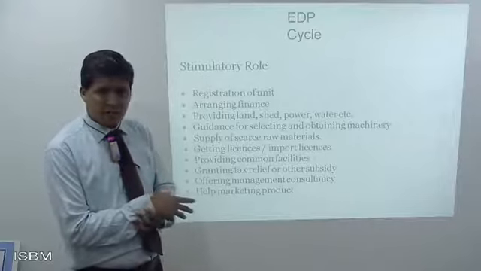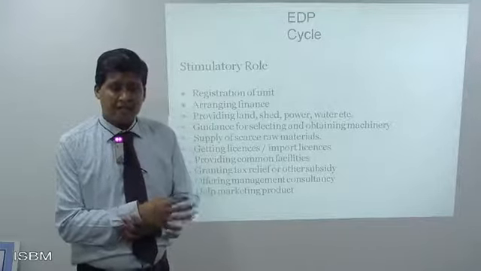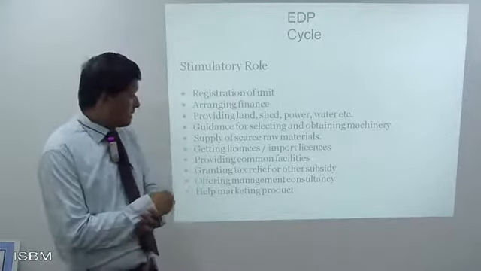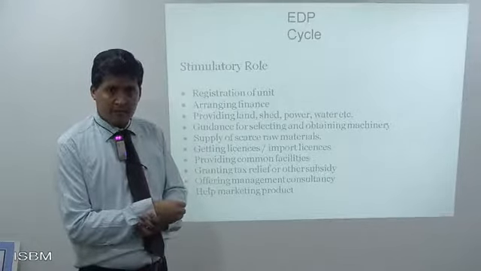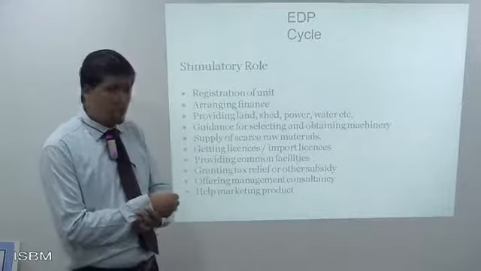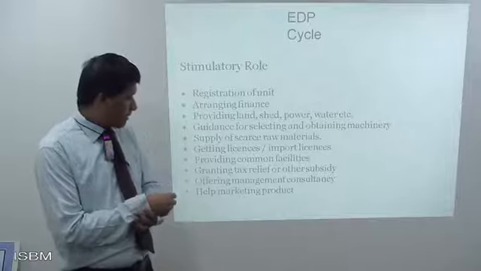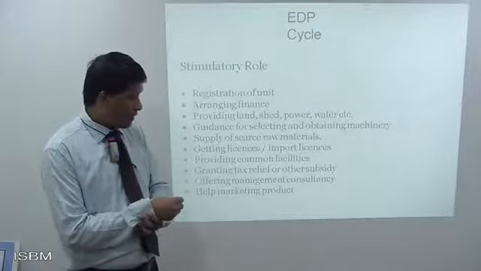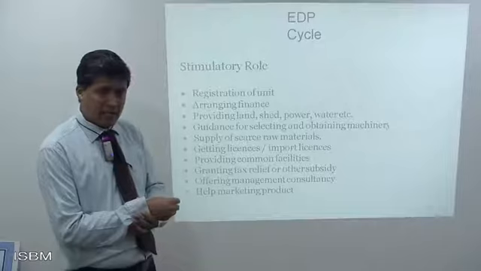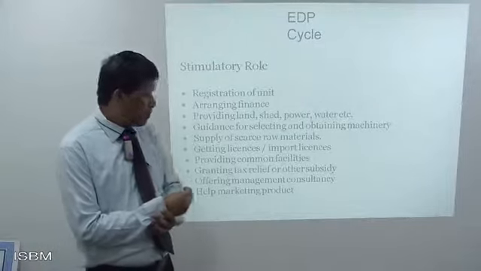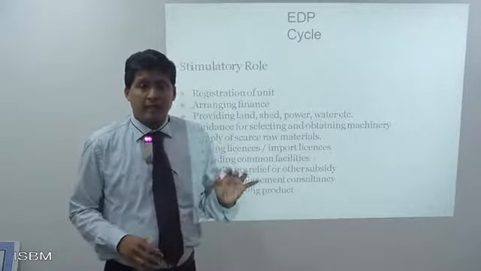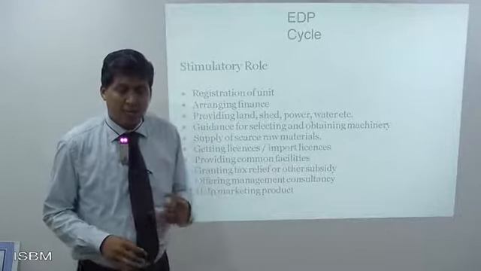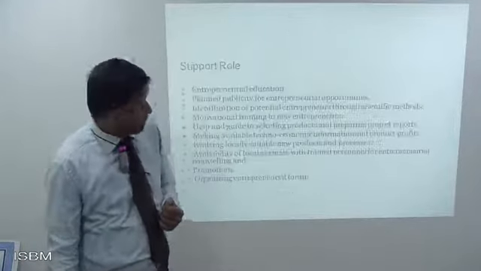Supply of scarce raw material, if some raw materials are scarce or limited, supplying them. Getting licenses or import licenses if required. Providing common facilities. Granting tax relief. Offering management consultancy and helping market the product as well is part of the entire cycle of the entrepreneurship development program.